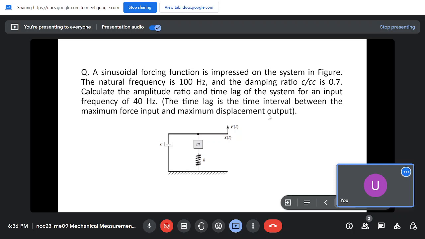The system's natural frequency is 100 hertz, and the damping ratio, C by critical damping, is 0.7. Calculate the amplitude ratio and time lag of the system for an input frequency of 40 hertz.